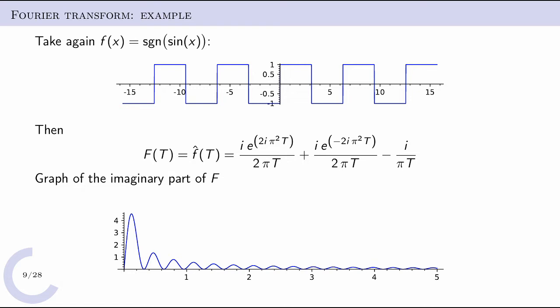All the other local maxima on this graph correspond to successive periods of f. 2 pi is the period of f, but 4 pi is another period of f. This is the second maximum on this graph. 6 pi is another period of f. This is the third maximum of this graph, and so on.